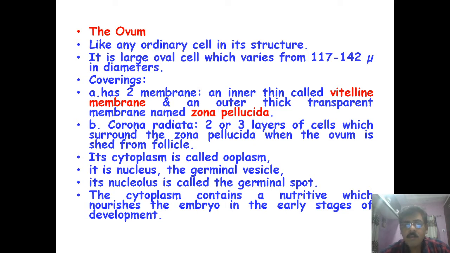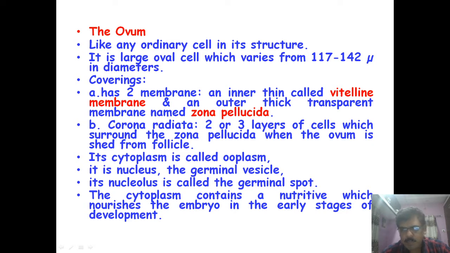The ovum, like any ordinary cell in its structure, is a large oval cell which varies from 117 to 142 micron in diameter in humans, and it has coverings.